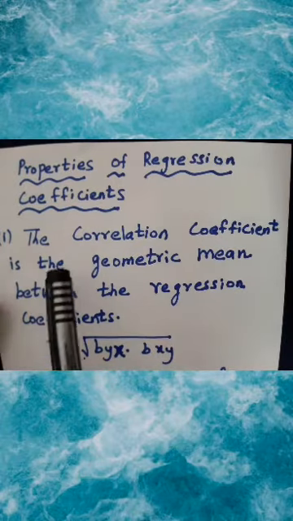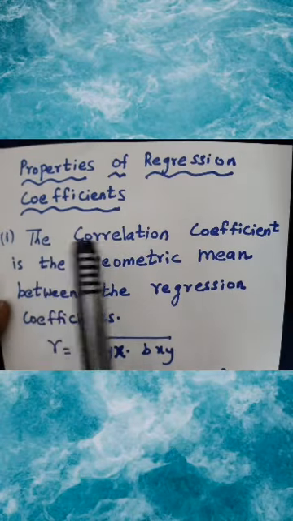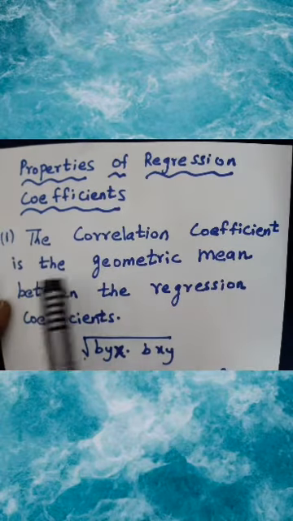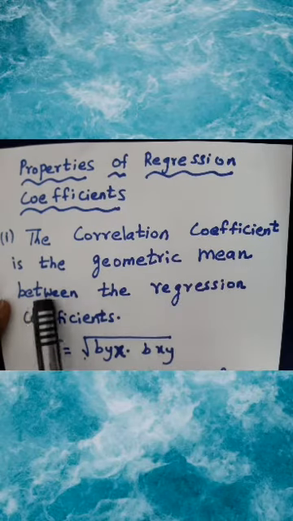The first property is the correlation coefficient is the geometric mean between the regression coefficients.